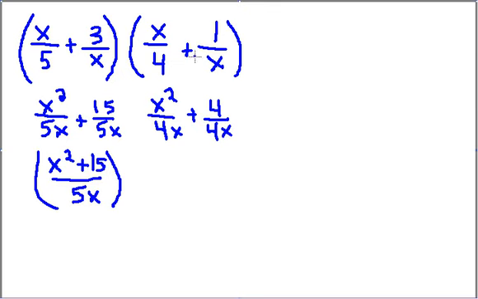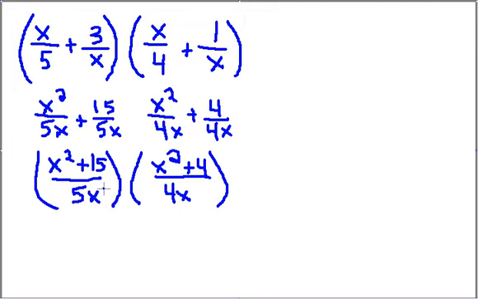So x over 4 plus 1 over x has now been rewritten. X over 4 has been rewritten as x squared over 4x. 1 over x has been rewritten as an equivalent fraction of 4 over 4x. We have the same denominator now, 4x. So we can now combine our numerators together, our x squared plus 4. And then on the bottom, we have our 4x.